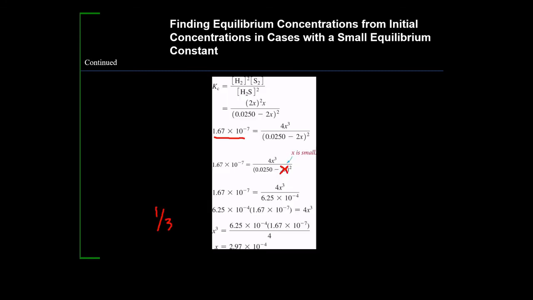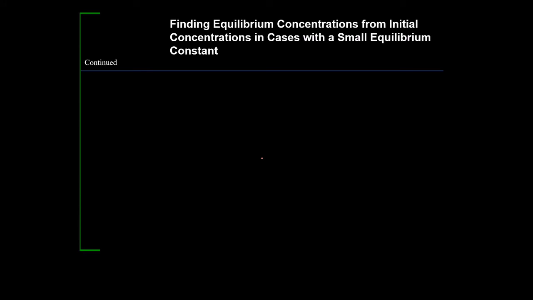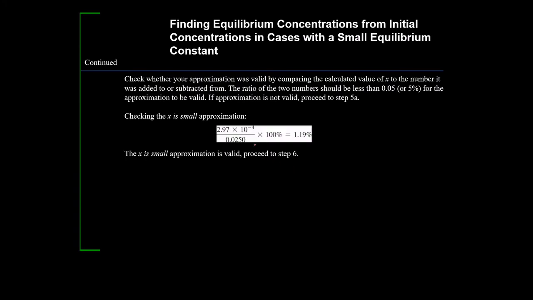So back here, this is our value for x that we got. Initially, we were going to subtract 2x from the 0.025. And so to determine if our x is small assumption is valid, we take our x value, divide by what we were going to subtract or add it to or from, and then multiply by 100%.